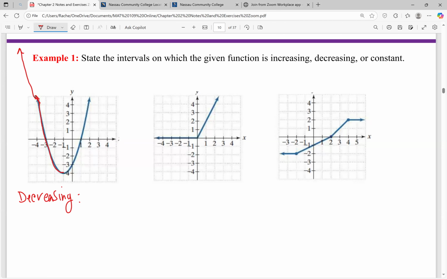The further left the graph goes, the more negative the x direction. So from negative infinity, we're looking horizontally, from the left, the graph is decreasing from negative infinity all the way to x equals -1.